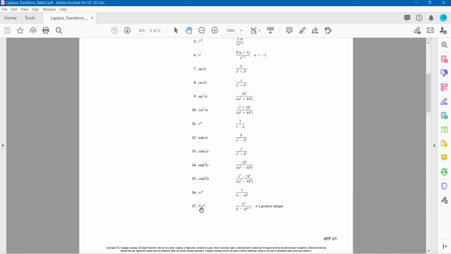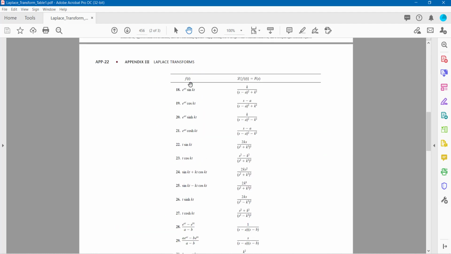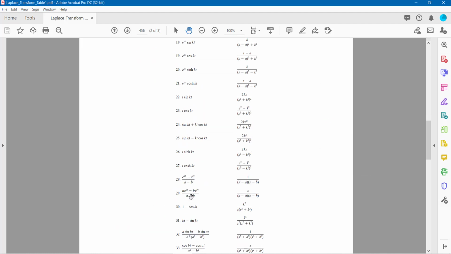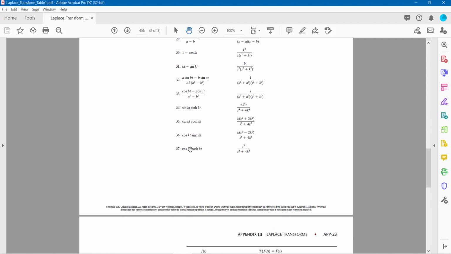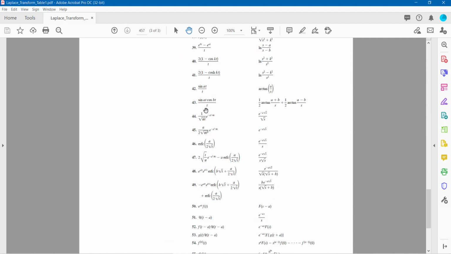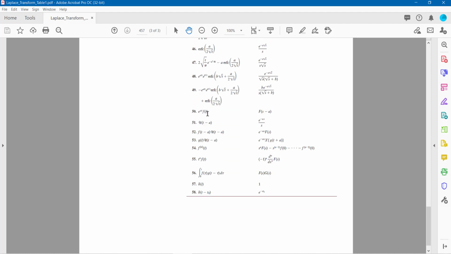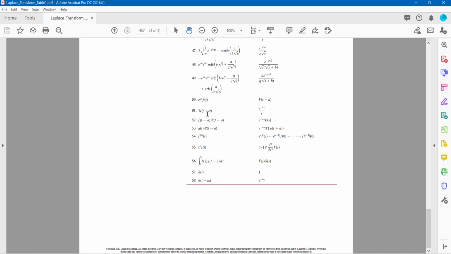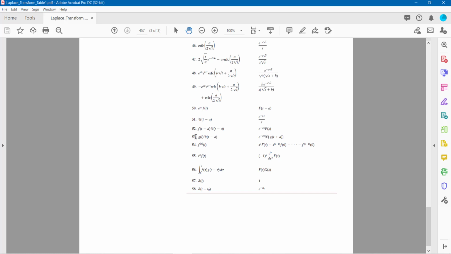You notice it has a bunch of functions, a bunch more functions. Eventually we get down here to a bunch of stuff that we'll never actually use. And finally at the very end, right here, tucked in here, is one of the things we're going to use most often of all, which is taking derivatives. So f^(n)(t), the nth derivative, here's that formula.